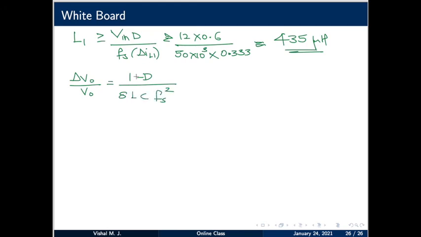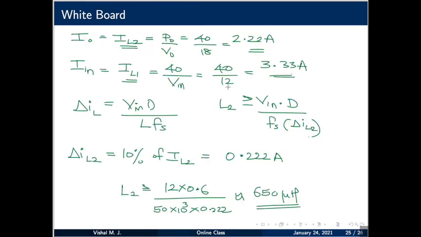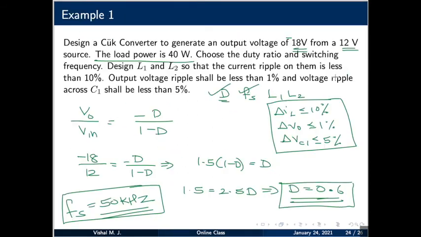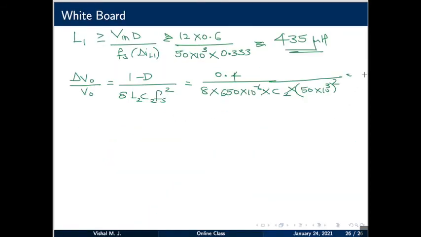This is the same as that of a buck converter, but unlike a buck we have L2 and C2 here. 1 minus D is 0.4, times 8, times L2, which we got as 650 microhenry, times C2, which we have to find out, times the switching frequency 50 into 10 raised to 3, square. This is the ripple, and what is the constraint? Remember, output voltage ripple should be less than 1% or 0.01.